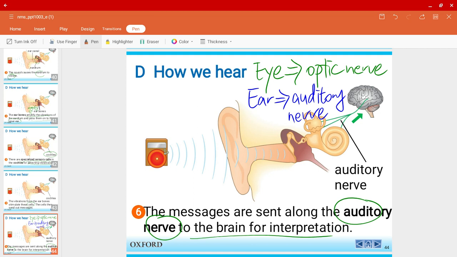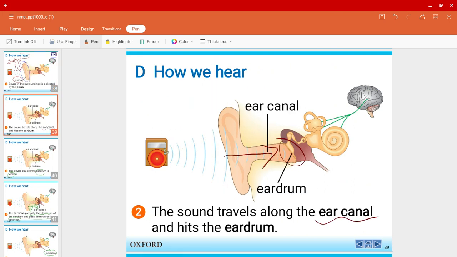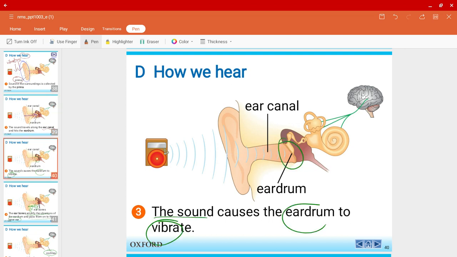Now let me go through these steps again, but a bit quicker. First off, of course, we need to hear sound, which will be collected by the pinna. The sound will travel through the ear canal and hit the eardrum.